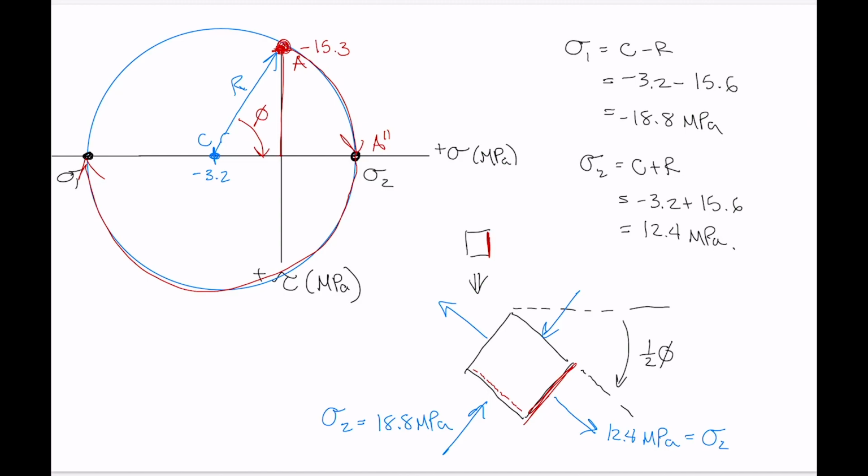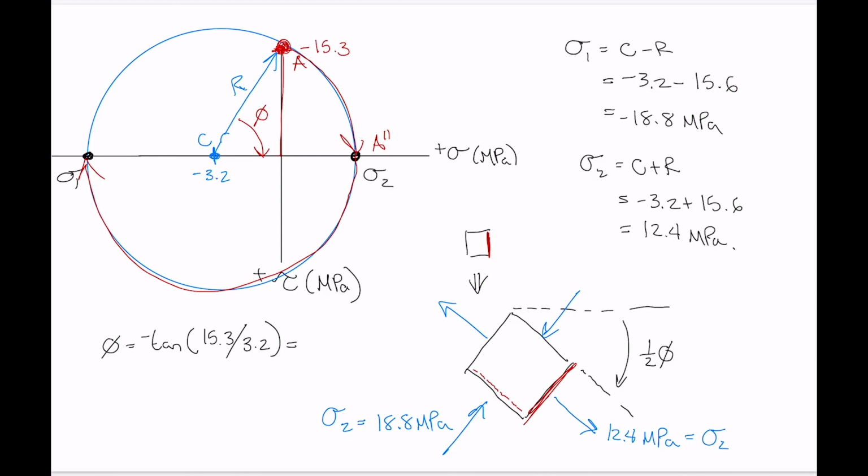So now all we need to do is figure out the value of phi. So phi is the inverse tangent of 15.3 over the distance we are away from the center. So we've got over 3.2.